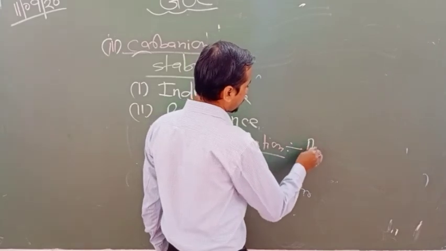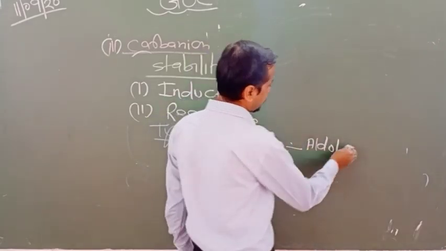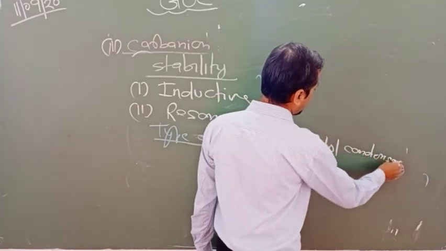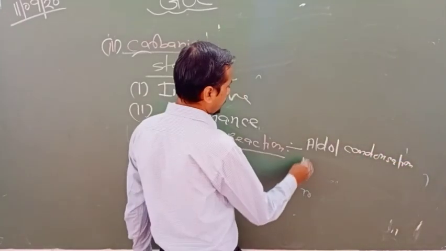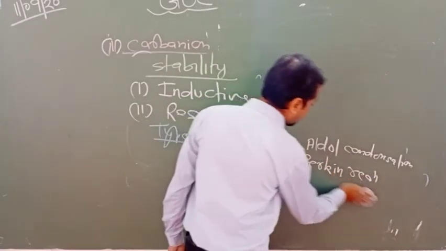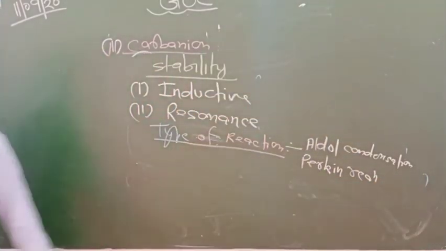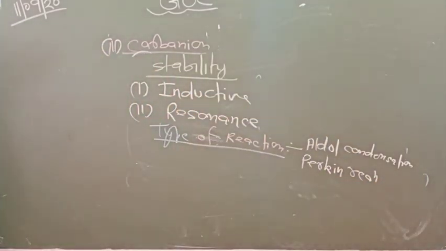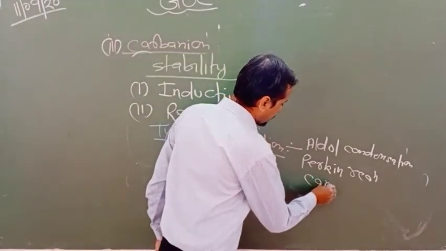These are the most common examples: aldol condensation, that is aldol reaction, Perkin reaction, and one more reaction basically involving carbanion, Cannizzaro reaction.